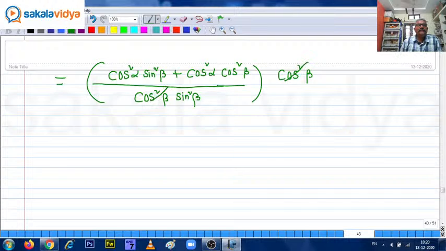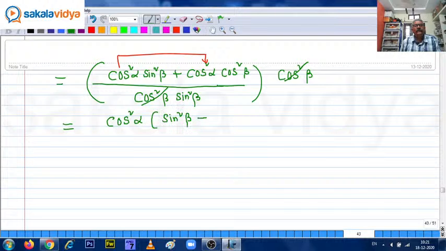Cos square beta gets cancelled. Now from this you can take cos square alpha common. If you take cos square alpha common, what do you get? Sin square beta plus cos square beta upon sin square beta.